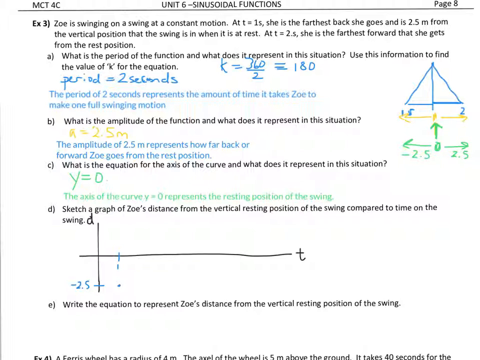I know that at 2 seconds, she's the farthest forward she can possibly be. So at 2 seconds, she is going to be at positive 2.5. So this is my positive 2.5 up here. And that means halfway in between, she should be hitting the rest position, that vertical straight down position. So that would be half of our cycle.